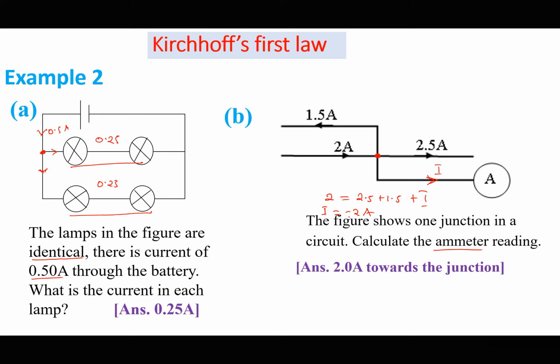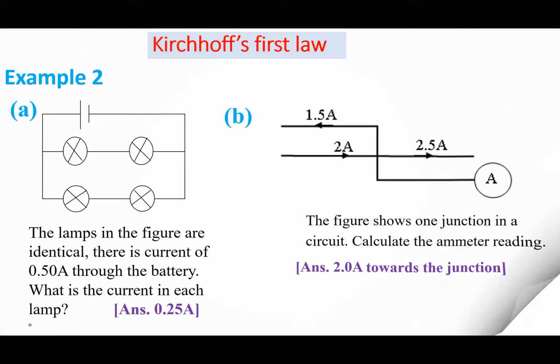The negative just shows that I chose the wrong direction, so it is supposed to point towards the junction. So the answer is 2.0 amperes towards the junction. The minus just emphasizes that I should have chosen another direction. Okay.